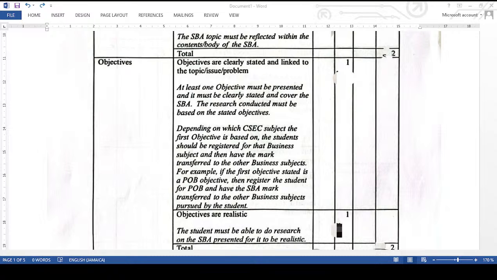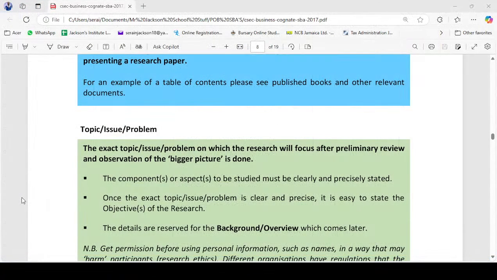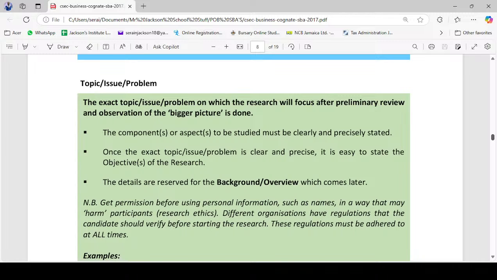something that I have here. All right. So you should be seeing right now, right? So the topic is your problem, right? So the exact topic is your issue or problem on which the research will focus after a preliminary review and observation of the bigger picture is done.